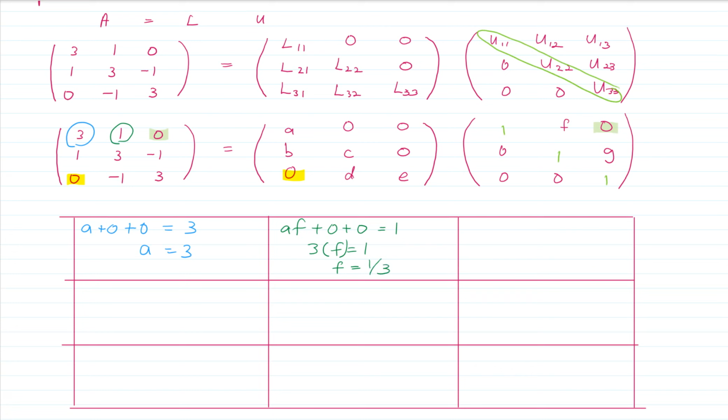Then move to the next. This one times this, but we don't need to do this operation because this value is already 0.